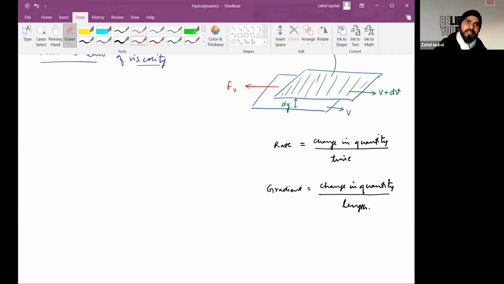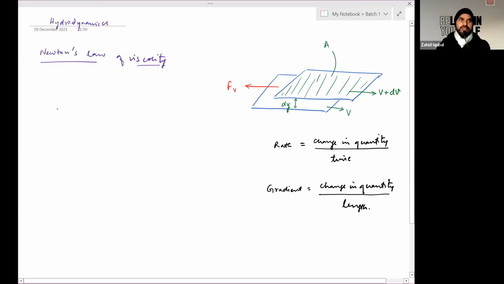Now let me define Newton's law of viscosity. It states: liquid always flows in a layer by layer structure.